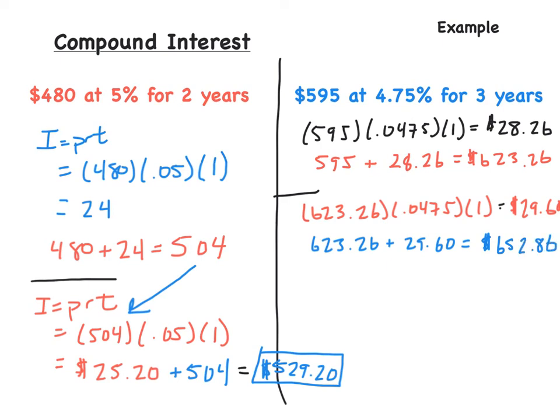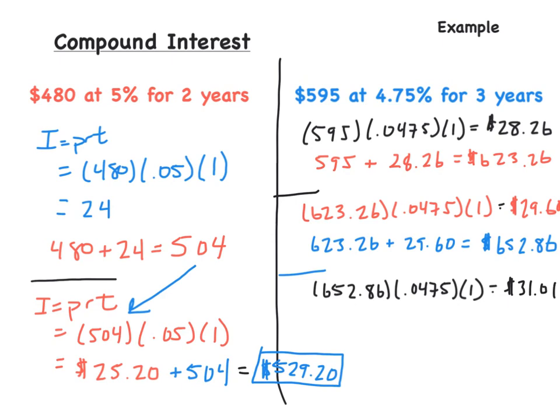That is year 2. Now, finally, year 3, we use that $652.86 times the interest rate times 1. We get $31.01.